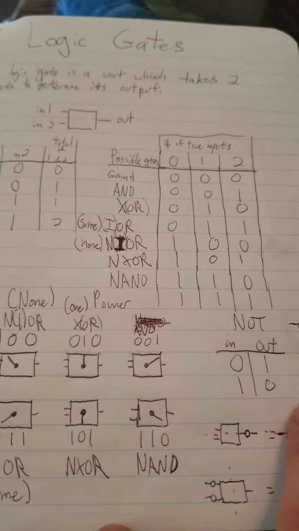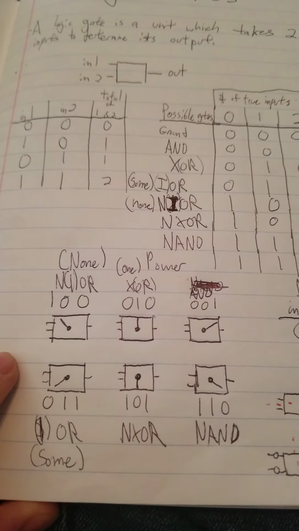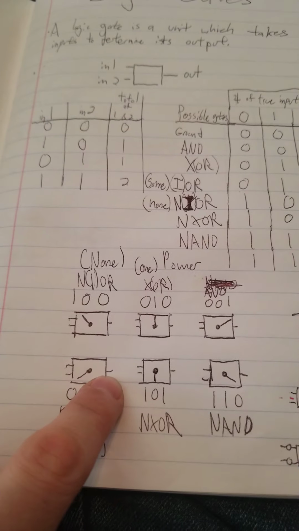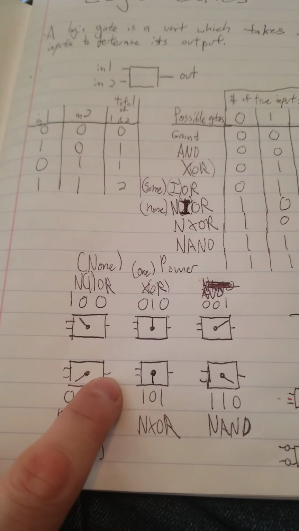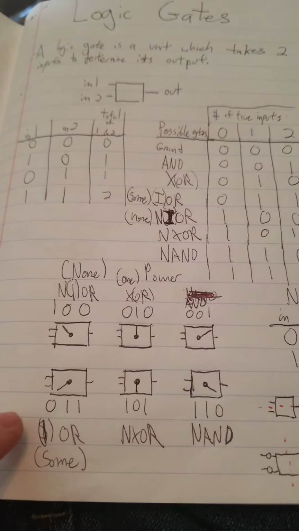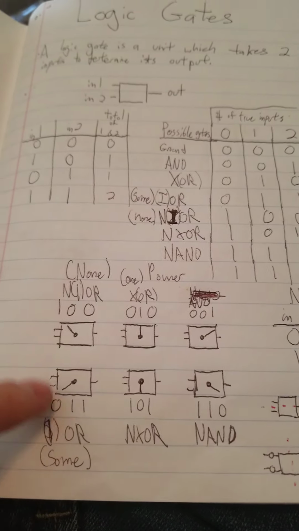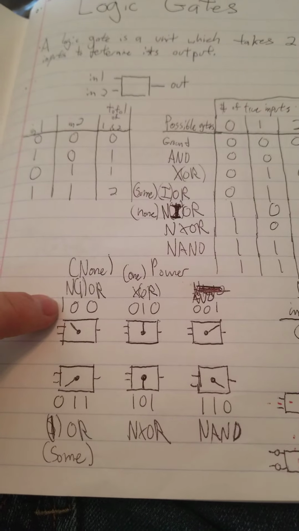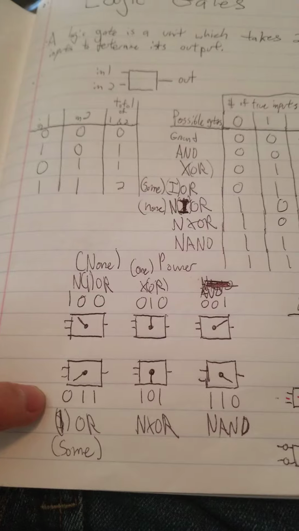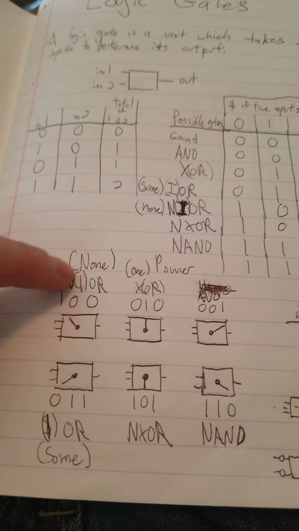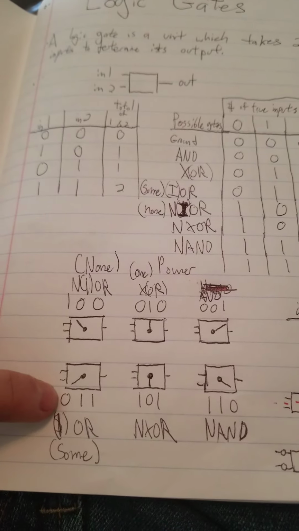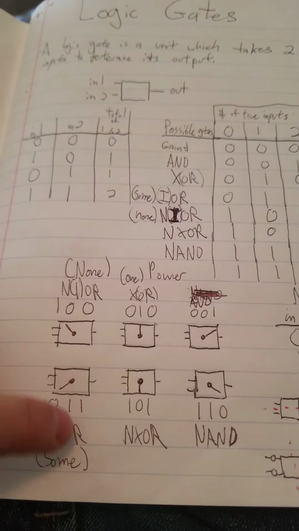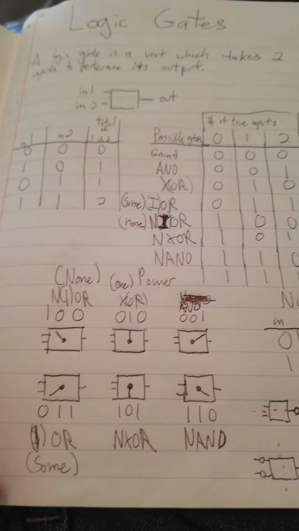So why I bring up the NOT gate here is because I want to ask, what happens if we put it at the end of one of these logic gates? Whatever the output is, it becomes the opposite. And because I have these ones pointing at the ones and these ones pointing at the zeros, it has the effect of flipping it across the horizontal axis, because this 0 becomes this 1, this 1 becomes this 0, and vice versa.